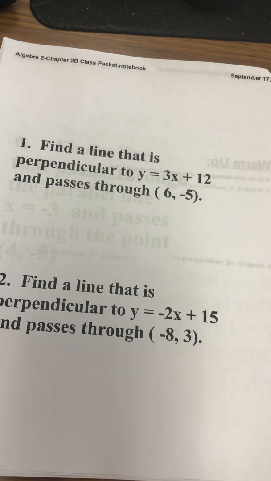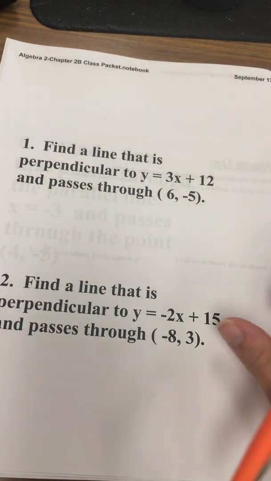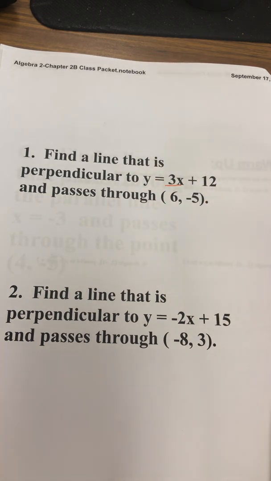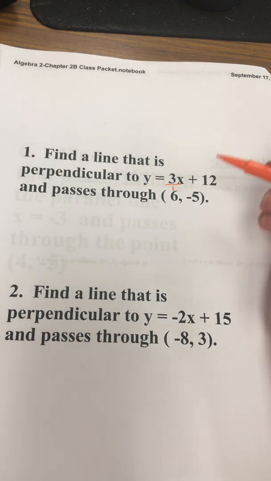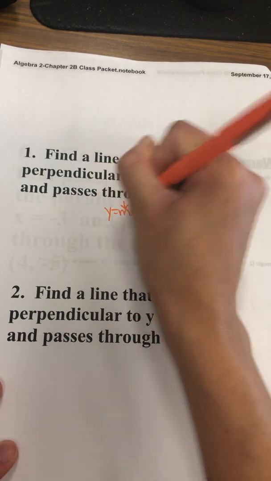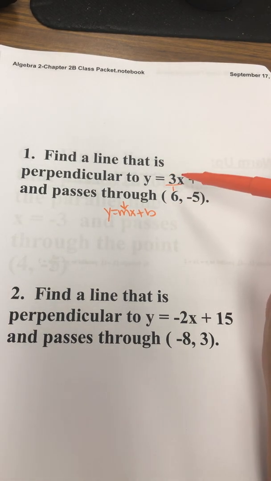So this first question says, find a line that is perpendicular to this equation and passes through this point. This is already in slope-intercept form, so their slope is 3/1. My slope has to be an opposite reciprocal of that because they're perpendicular.